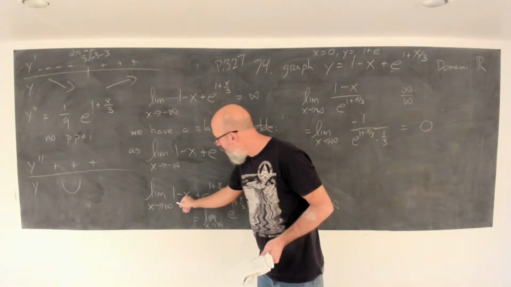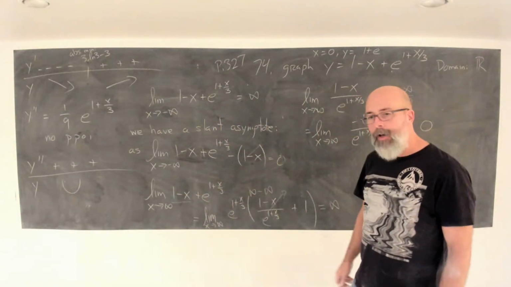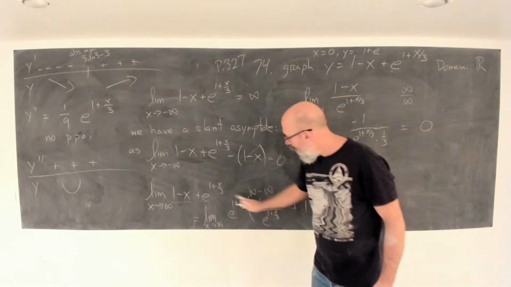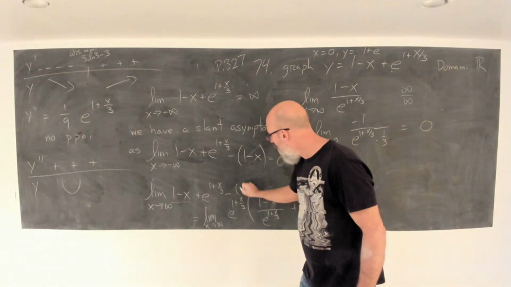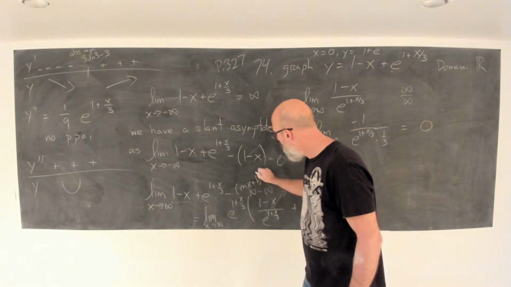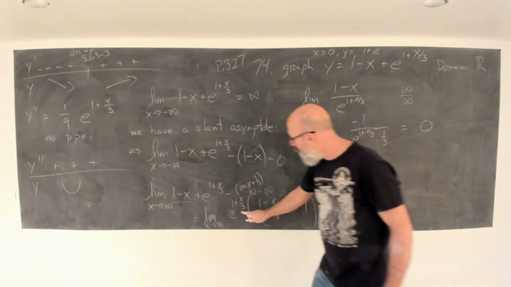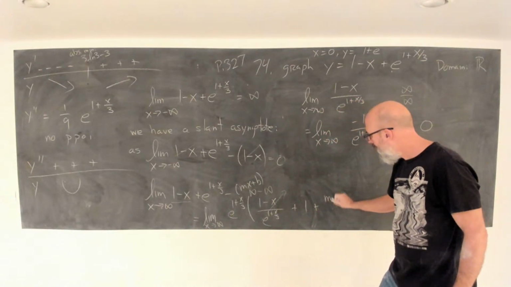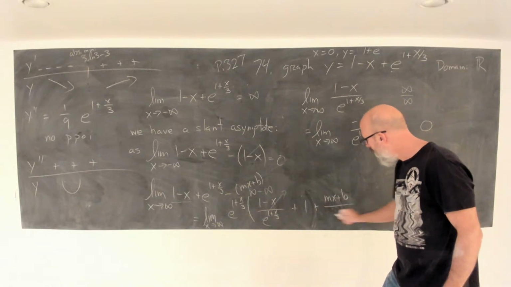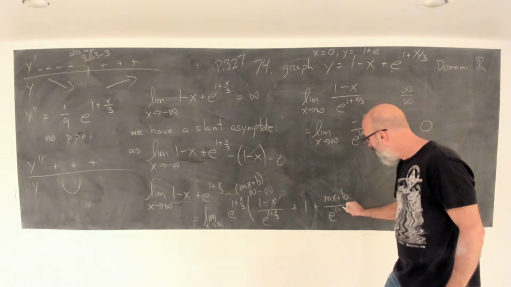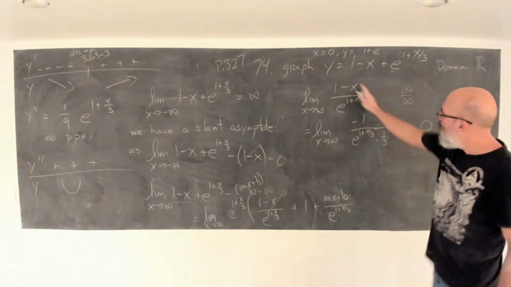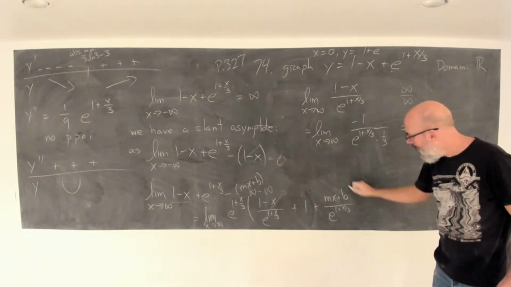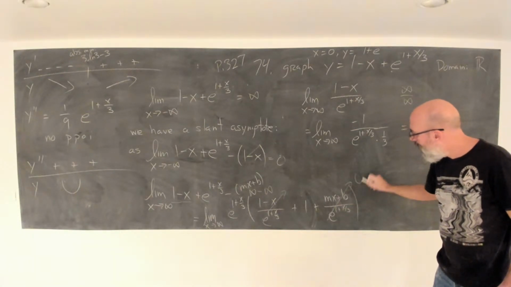In the same way that the 1 minus x went to 0 when you divide it, if you were to subtract an mx plus b and factor out an exponential from the whole thing, the mx plus b will also go to 0.